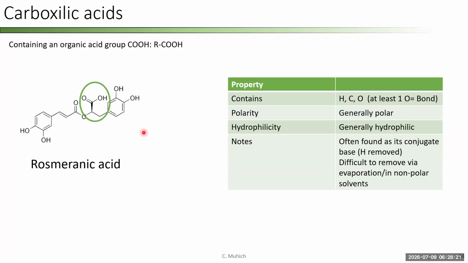It's often found as its conjugate base where this hydrogen has left, and it's usually very difficult to remove via evaporation because it readily forms ions, which do not volatilize. Additionally, because it is highly polar, this is generally not good for removal from nonpolar solvents.